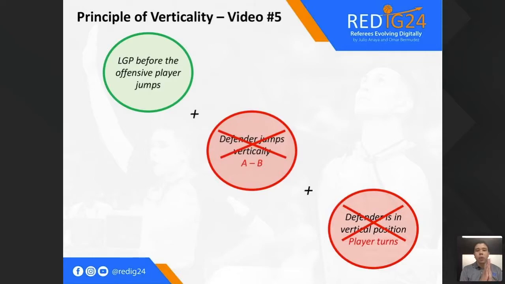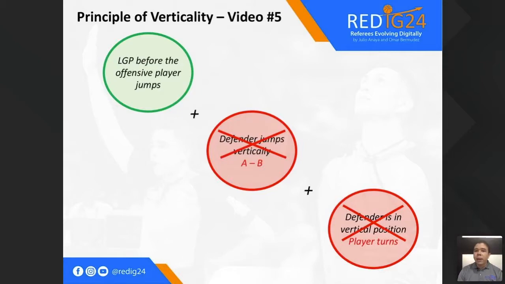He jumped from a point A to a point B, and also he turns his body to create that contact. So in this case, he might be responsible for the contact, and as it has an effect, it needs to be called as a personal foul on the defense.